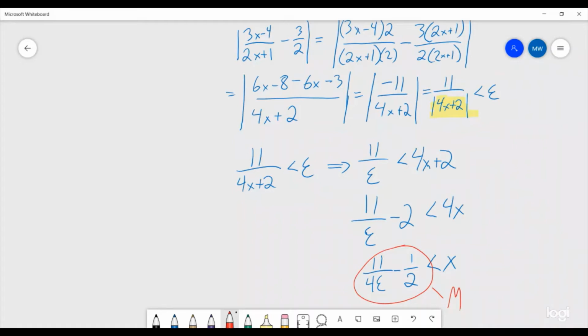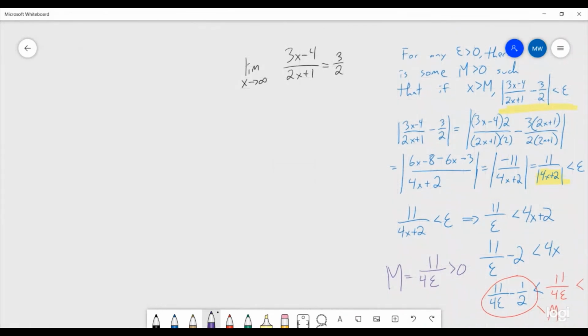So instead of the minus 1/2, we can drop it, and say that all of that is less than just 11 over 4 epsilon, and this we are going to make be bigger than x. So we're going to say M is equal to 11 over 4 epsilon, which is bigger than 0, because 11, 4, and epsilon are all bigger than 0.